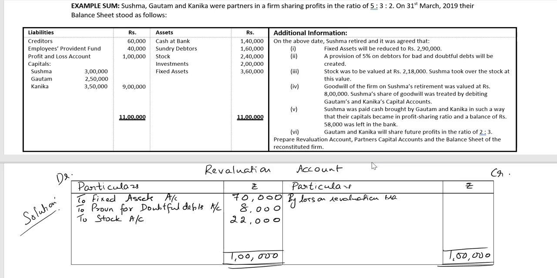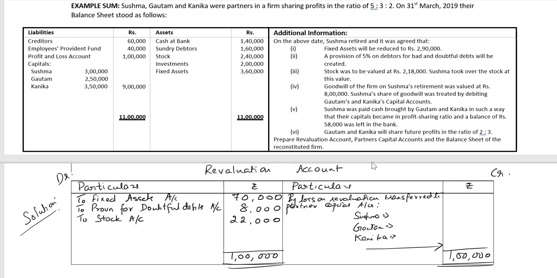transferred to partners' capital accounts. The first partner Sushma, second partner Gautam, and finally Kanika.